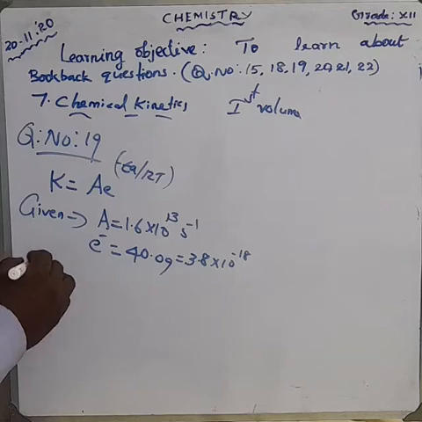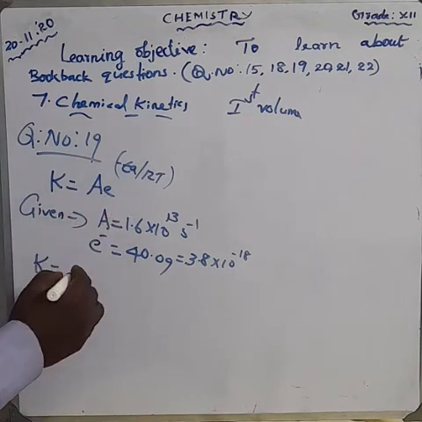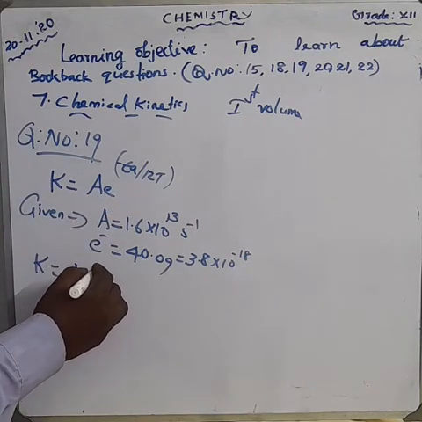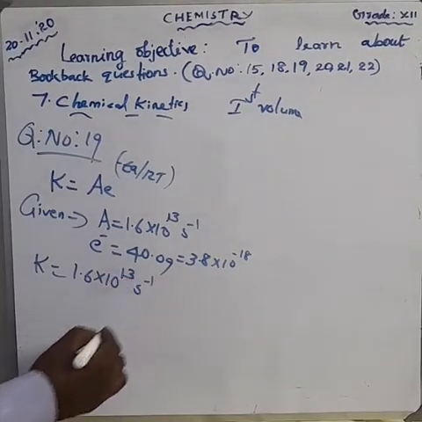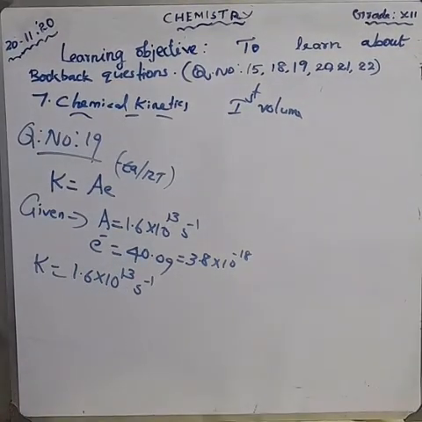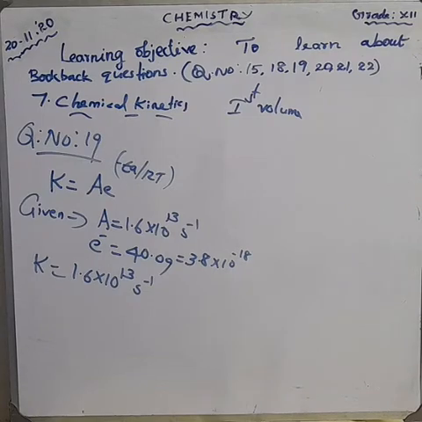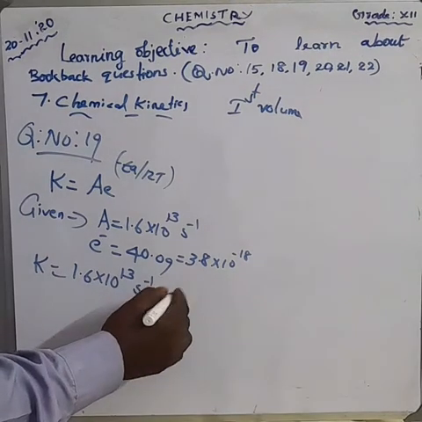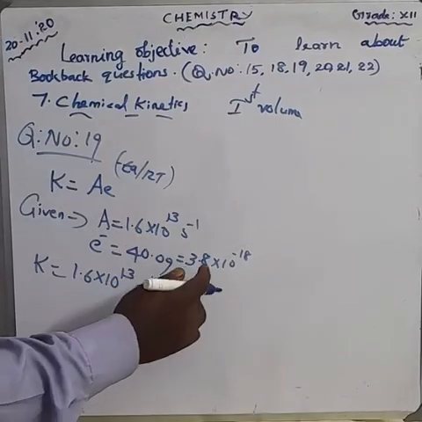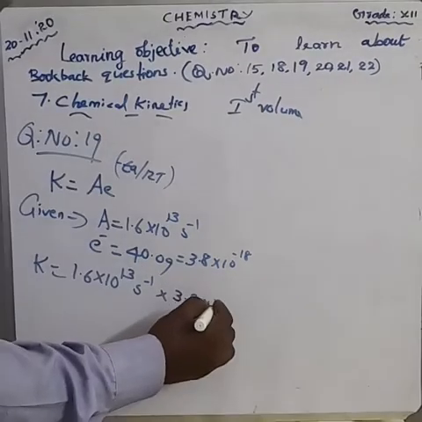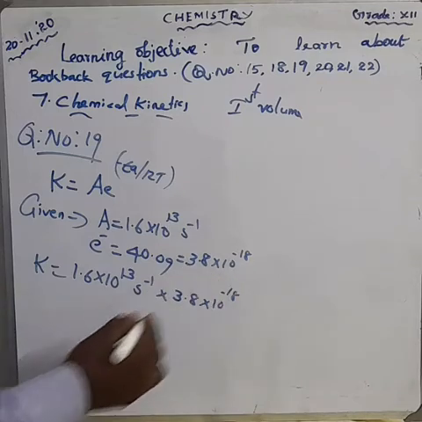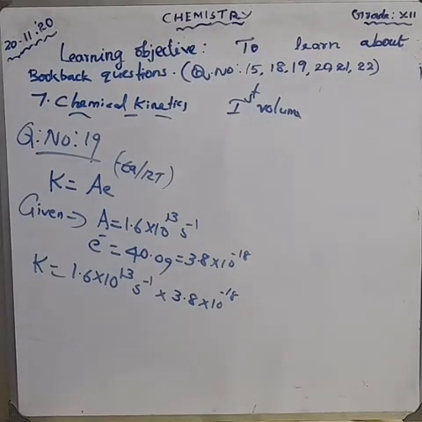K is equal to, what's the value of A? 1.6 into 10 to the power 13 second inverse, into E. That is how much? 3.8 into 10 to the power minus 18.